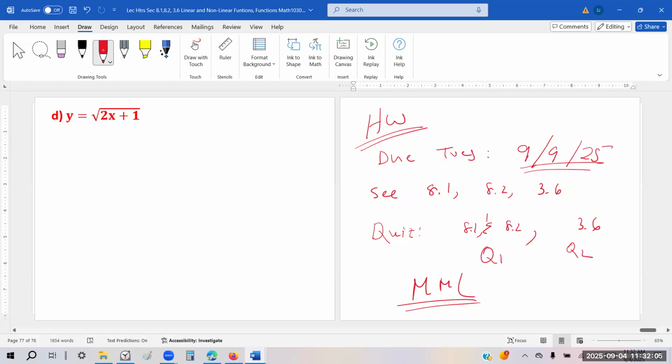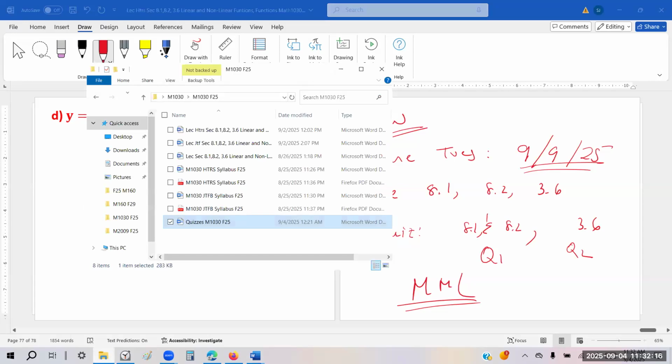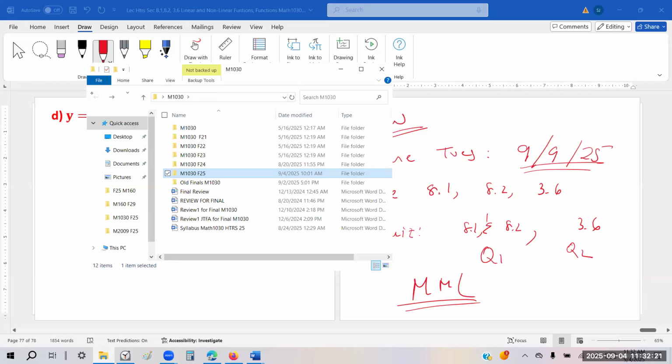So we are going to start a new section, and we are going to learn something fun: exponents. You have to learn so many rules about exponents.